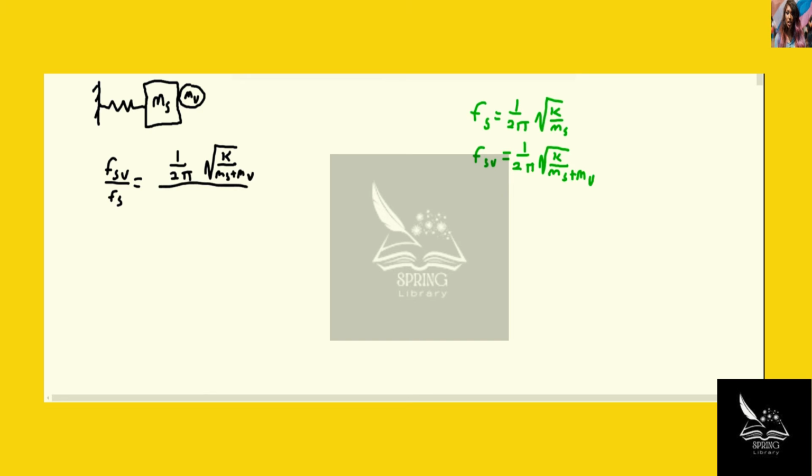And then on the bottom, we're also going to have a 1 over 2 pi, and then another square root, and this one's going to be K, but just over Ms. We can do a lot of cancellation here. We can cancel out this 1 over 2 pi. We can cancel out this K, which is really pretty nice. And it's going to leave us with an expression that looks like this.